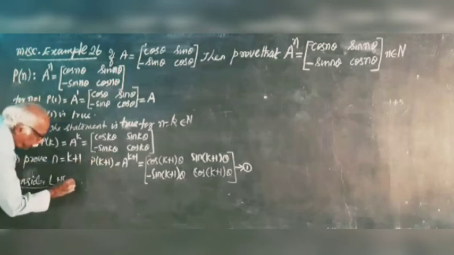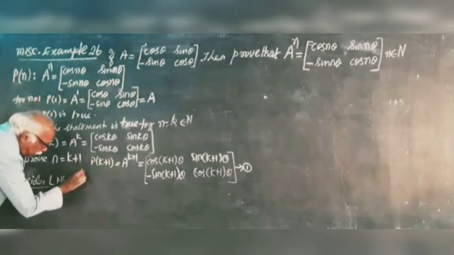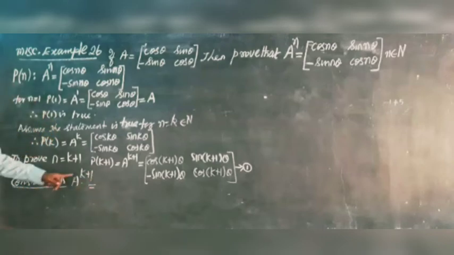LHS equal to A power k plus 1. A power k plus 1 can be written as A power k into A power 1, because a power m plus n is a power m into a power n.